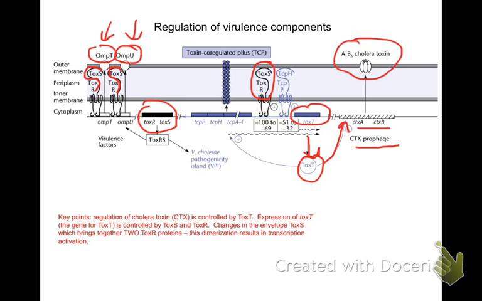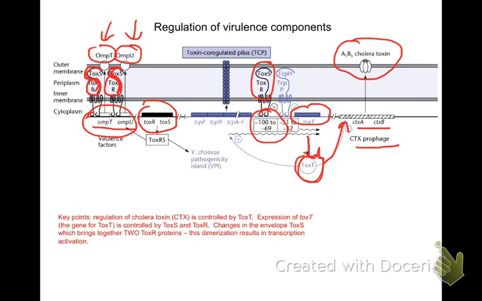But what's unusual here is that when ToxS is activated, because it's in this envelope layer, it will actually stimulate the dimerization of two ToxR proteins that it associates with. And when we get the ToxR proteins dimerizing, they can activate transcription of a number of genes, including these outer membrane proteins, and over here they're going to be involved in activating ToxT.